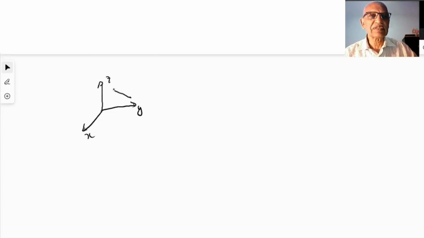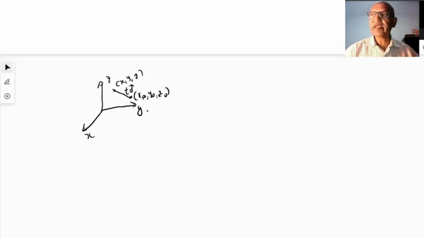So this is any point, x, y, z, and we have a point which is the initial point, x0, y0, z0, and the line is always a multiple of the direction vector we have.